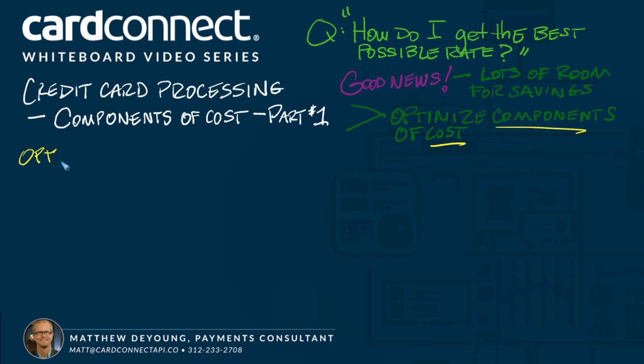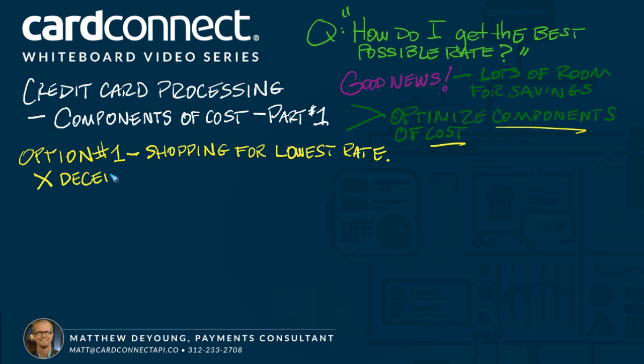And so option number one to get the best possible rate is to shop for the lowest possible rate. That makes sense, right? If you want to get the best rate, you look for the lowest rate. And that's good in a way, but it's a little bit deceiving. And here's why.